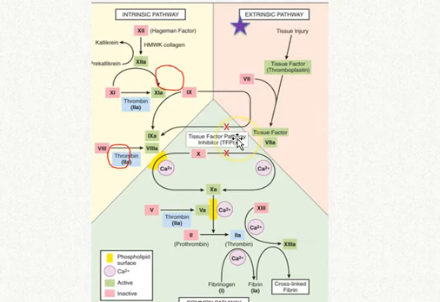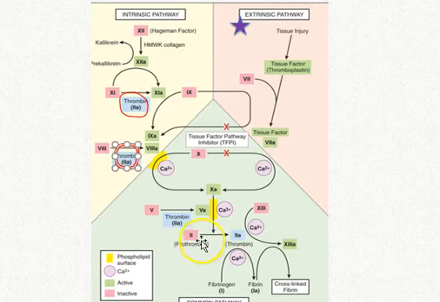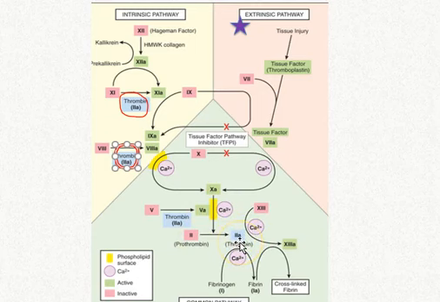Okay, and so remember we had said that factor 10 was an important factor. Factor 10 was so important because it was really one of the key activating factors to activate thrombin. Okay, so prothrombin here, which is this pink box, factor 2, this is not biologically active. Okay, only when it comes into contact with factor 10A as well as factor 5A and calcium does prothrombin get converted into thrombin.